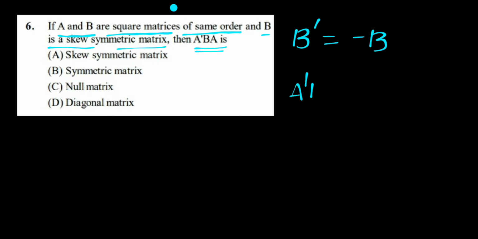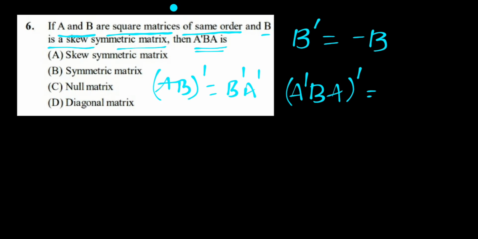For that purpose, I'll take the whole transpose. We have one formula, AB whole dash is equal to B dash into A dash. So we have to write it in reverse: A dash, B dash, A dash whole dash, A double dash.